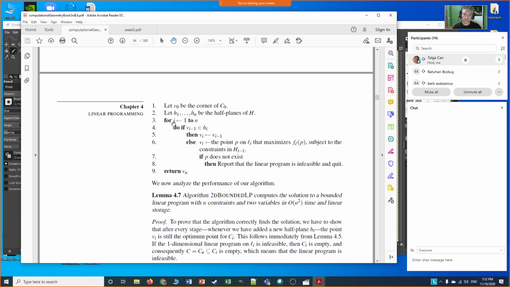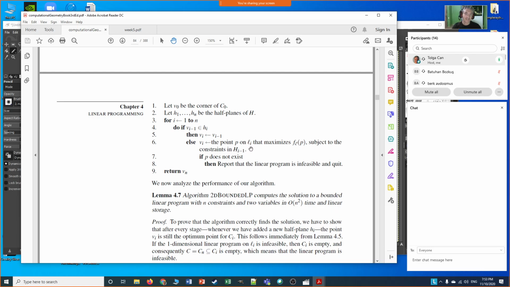Starting from i equals 1 to n, what we do is, if the previous extreme point is inside that half plane, we just update Vi to be the previous one. Otherwise, we find a new point Vi on the line. This is the part where we solve the one-dimensional linear program, which we have seen in the first hour, by just maintaining a minimum x and maximum x, but this time parameterized. Our x-axis becomes the line itself.